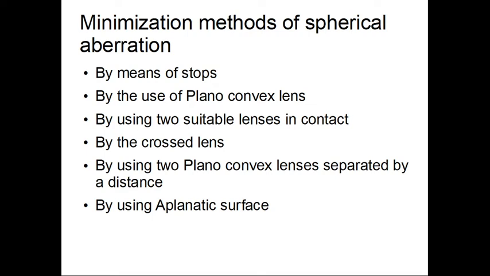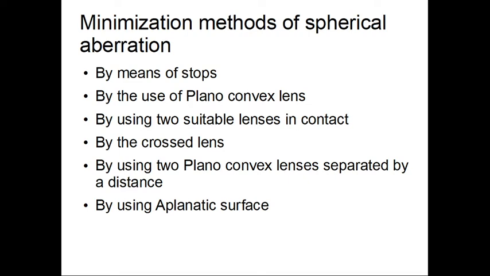And the last minimization method is by using aplanatic surfaces. An aplanatic surface is characterized by the property of forming a point image of a point object which is placed on the principal axis.